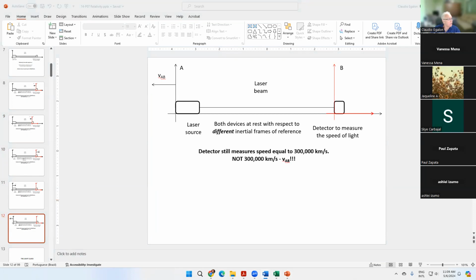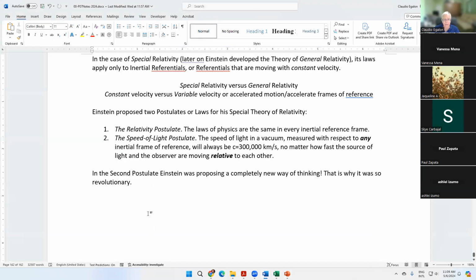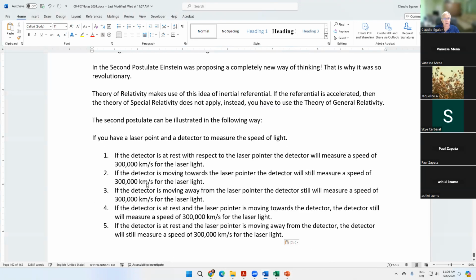I'm going to just go. We have 5 different situations that I illustrated. Okay, so here you go. The second postulate can be illustrated the following way.